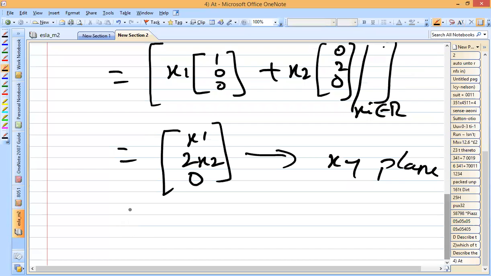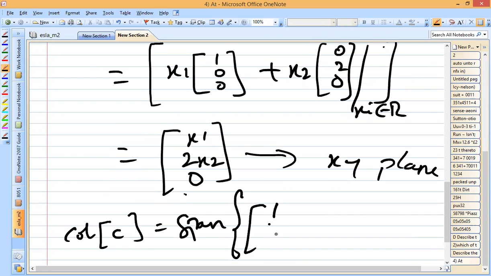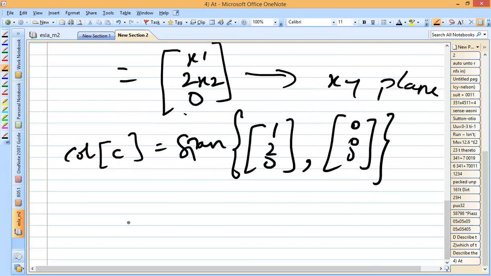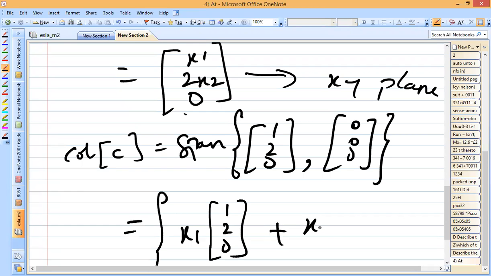And next, similarly, consider the column space of C, which is given as span of 1 2 0 comma 0 0 0. There are no elements in the second column, that you need to remember. So this can be written as x1 1 2 0 plus x2 0 0 0.